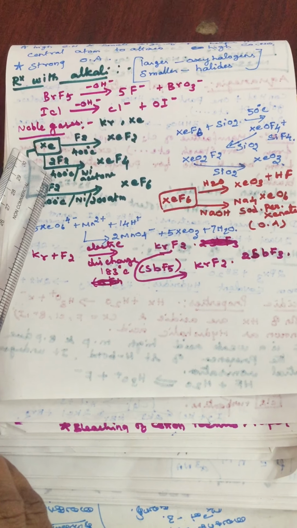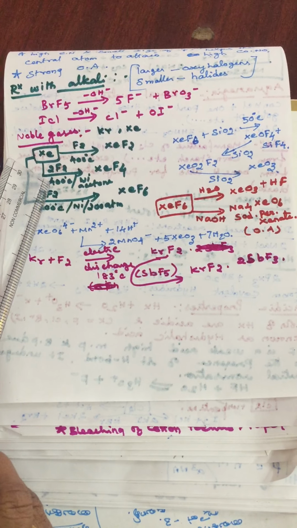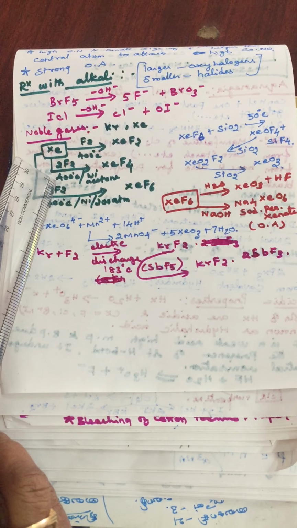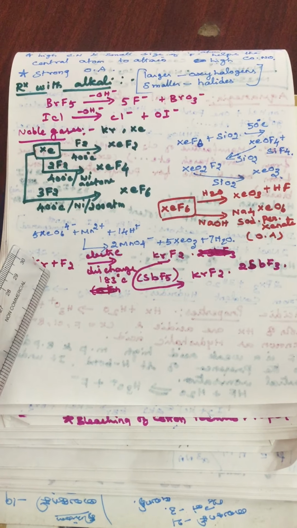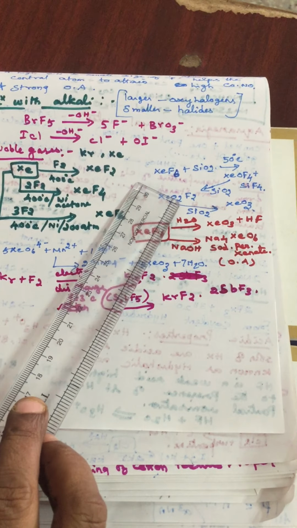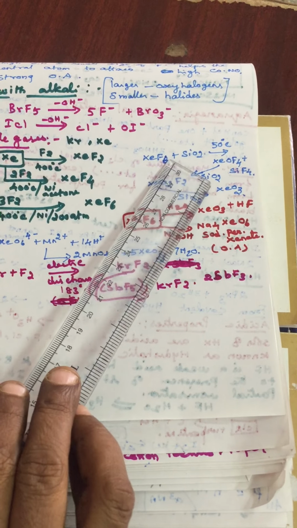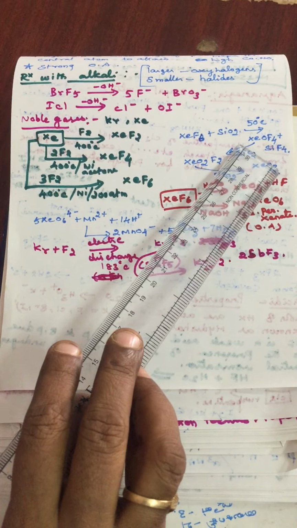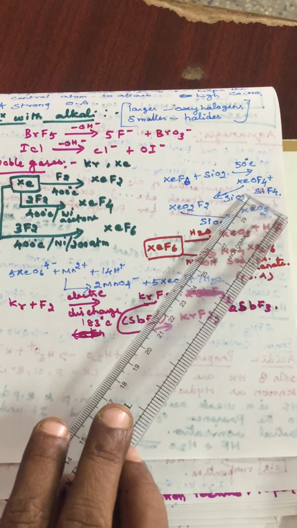So previously I explained the reactions of xenon and fluorine, and this is krypton with fluorine. These are the reactions. Similarly, when xenon hexafluoride reacts with silicon dioxide at a temperature of 50 degrees Celsius, it gives XeOF4.